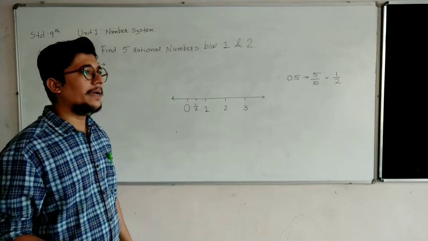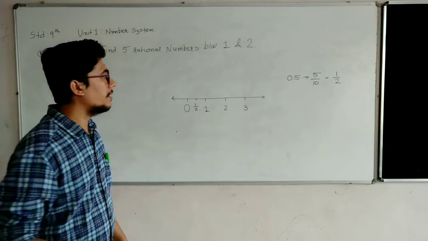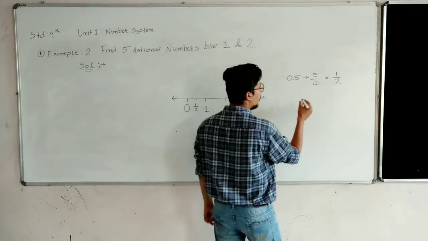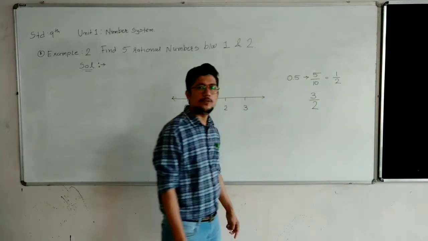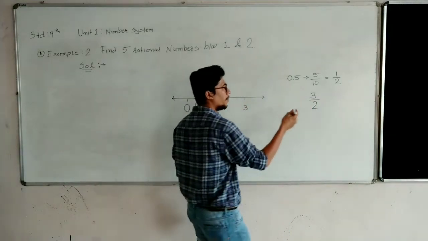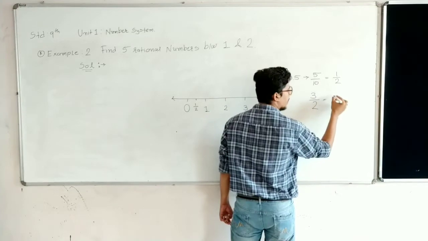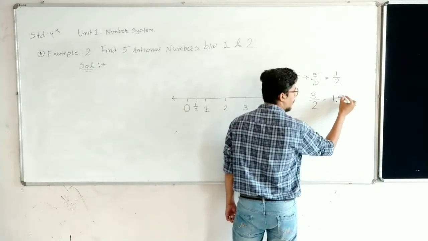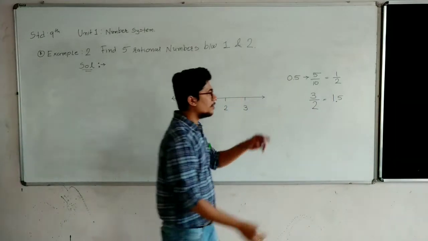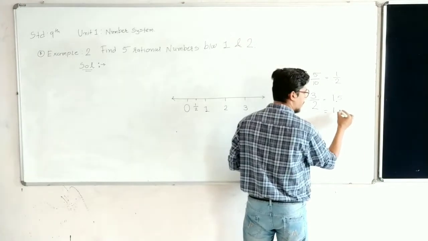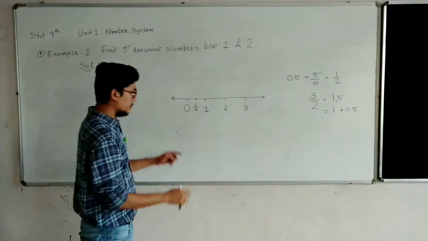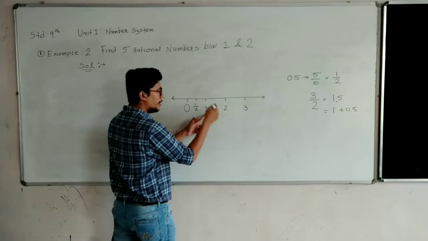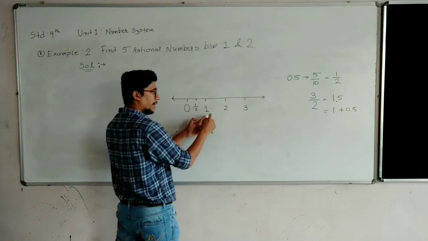Again I am taking one more example of a rational number, that is 3 upon 2. As you all know, if we divide this, the answer will be 1.5. I can also write it as 1 plus 0.5. So 1 is already there, plus 0.5, that is the middle of 1 and 2.